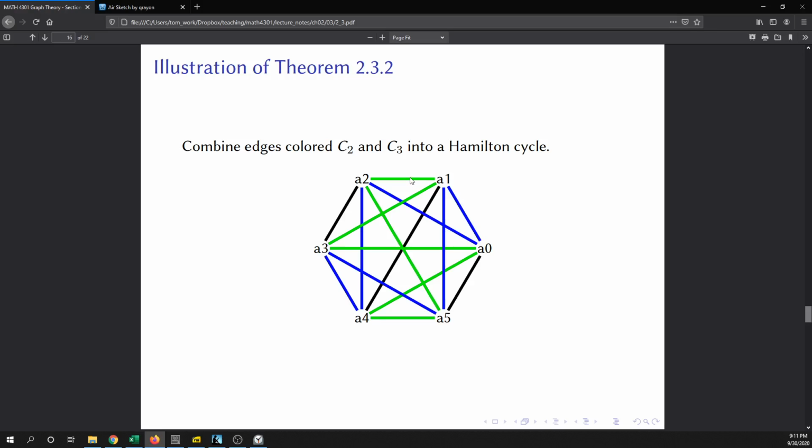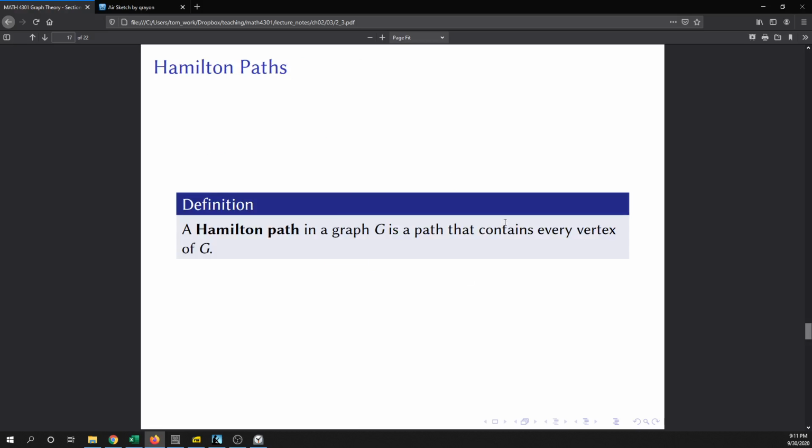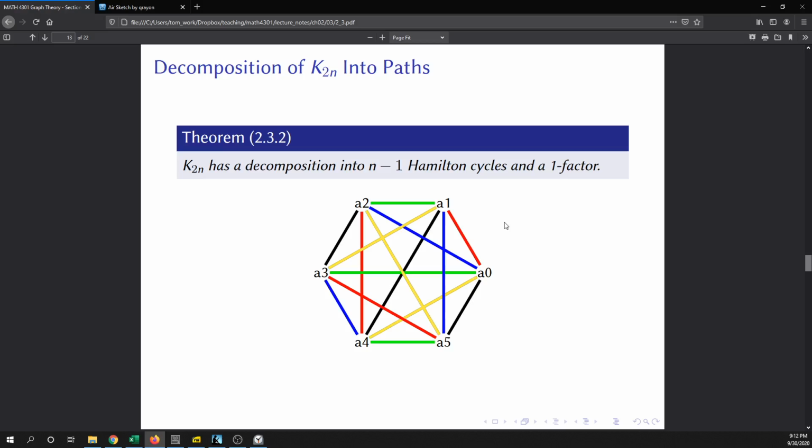What we have here are two Hamilton cycles, the blue edges and their endpoints and the green edges and their endpoints, together with this 1-factor, the black edges and their endpoints. You can see that's a decomposition of this complete graph. The same thing happens for any complete graph of even order.